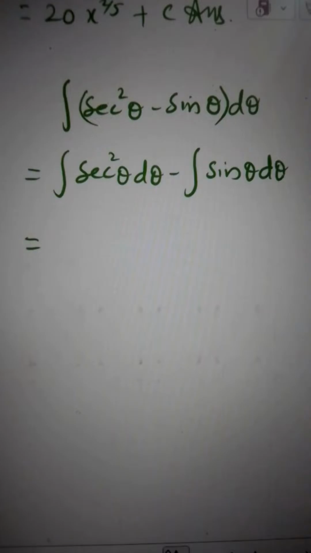We have separated the integration operator to both of these functions, and then we know that secant square is the derivative of tan. So the secant square integral is tan. It's a simple connection. Its derivative is secant square, so the secant square integral is tan. So that is a very simple connection between them.